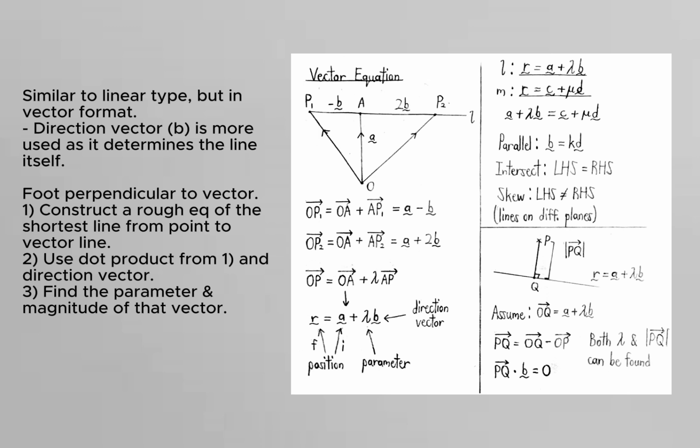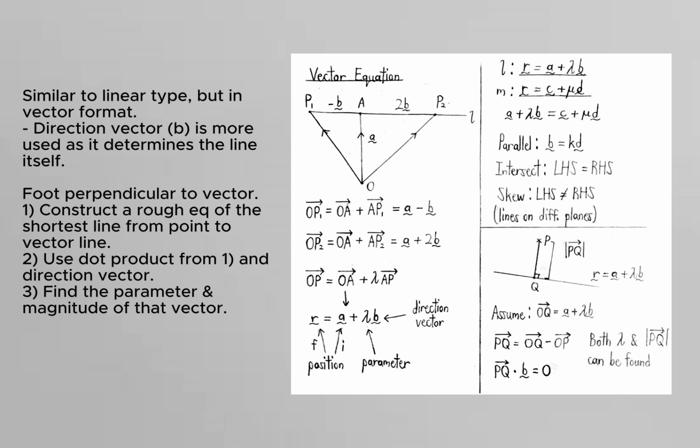We use the vector B more often, as it is used to determine the line vector itself. On the top right, this part is to determine whether two lines are parallel, intersect, or skew.